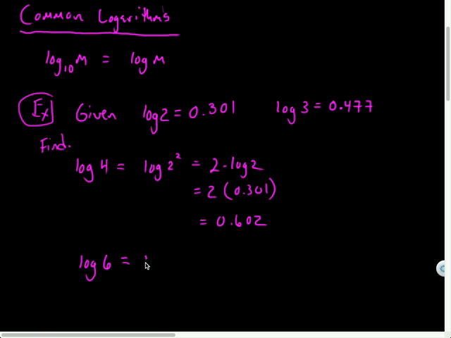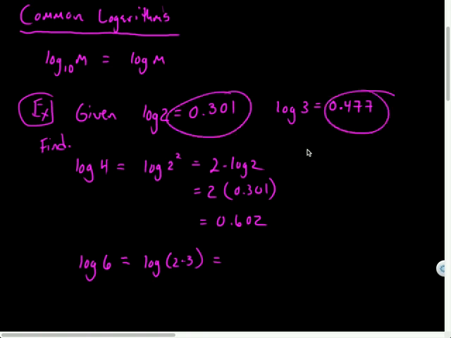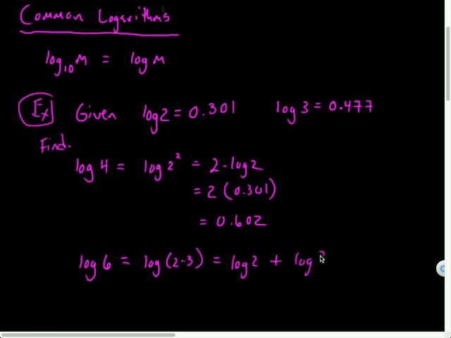Log of 2 times log of 3. So that's log of 2 times 3. So what, do I just multiply these? Now you add them. You add them. Isn't that crazy? Right? Because log of 2 times 3, the log of a product, is the sum of 2 logs, so that's log of 2 plus log of 3.